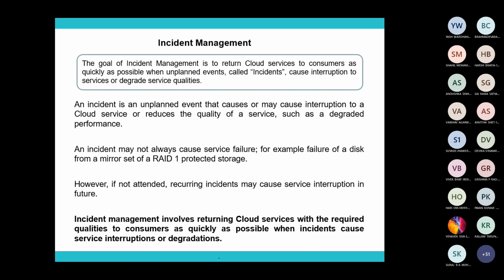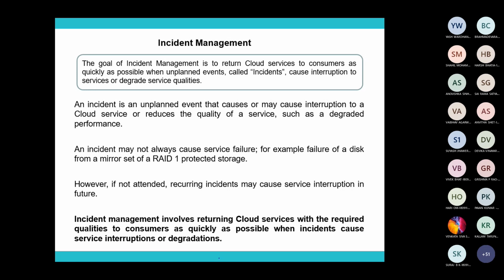So whenever an incident happens, immediately you have to take the appropriate actions. An incident may not always cause the service failure, but if it is repeated, then there is definitely the service may fail. One example they have taken is with respect to the RAID configuration. Even though we think that we are writing onto a single storage, with the RAID architecture it will be written onto multiple disks. Even if one disk fails, the data will be available on another disk.